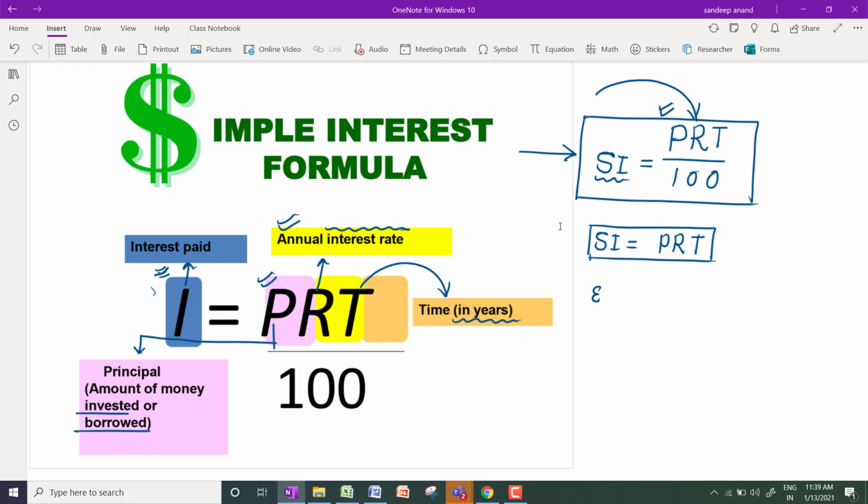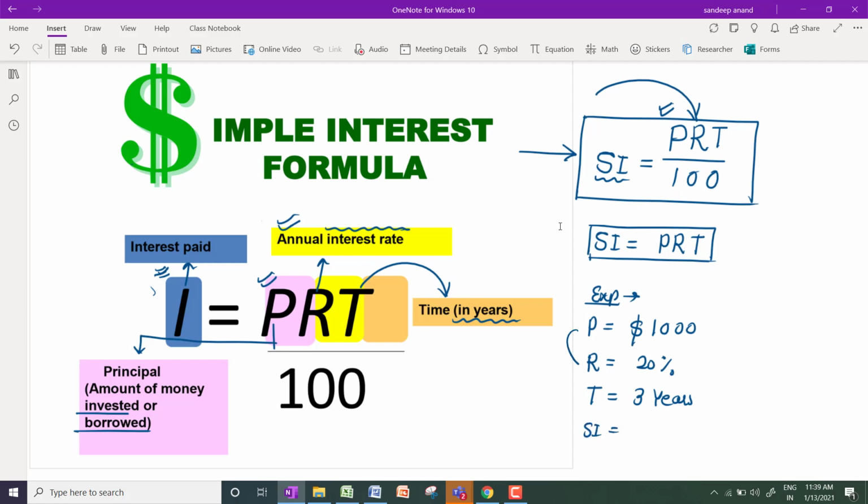For example, suppose the principal that you invested or borrowed is $1000, the interest rate annually is 20%, and the time is 3 years, and you have to find the simple interest.